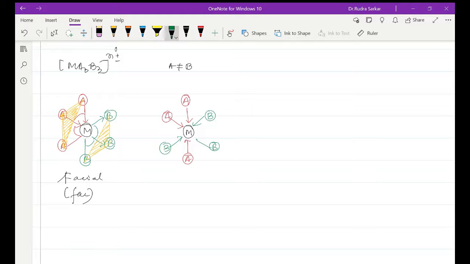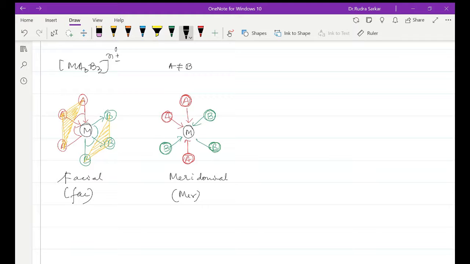Now this type of arrangement, when we have two such A's at 180 and one A at 90, and two such B's at 180 and one B at 90, where no three atoms are occupying the same face, is called the meridional isomer, or known as MER.